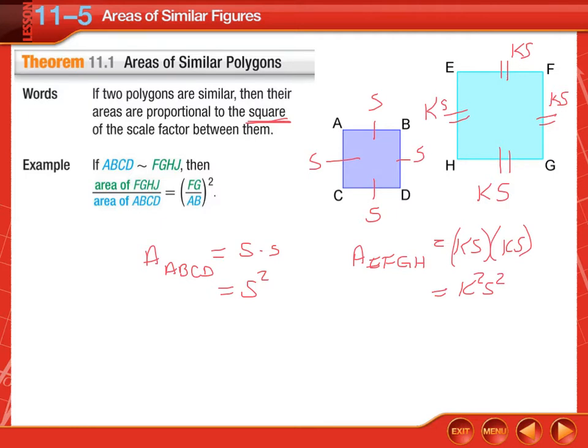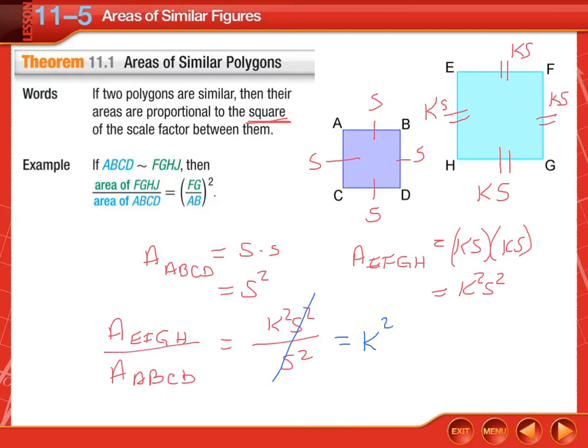So then if we look at the area of EFGH over the area of ABCD, we've got K squared side squared over side squared, and you can see that these cancel. So if we look at the area of these similar squares, you can see that their ratios are equal to the scale factor squared.